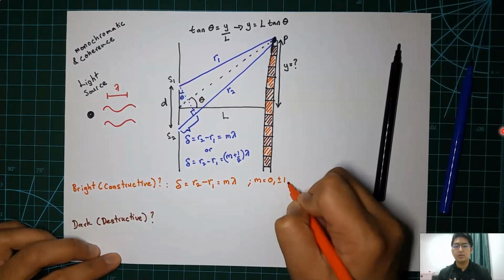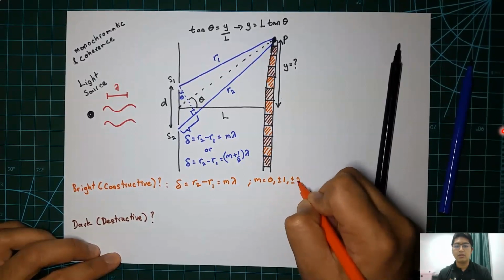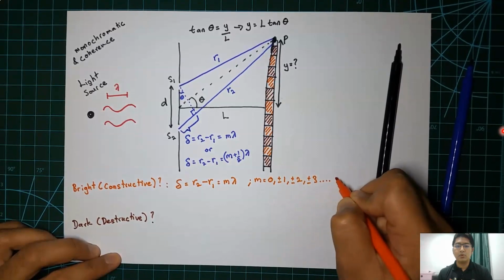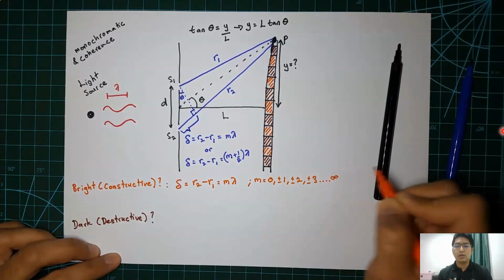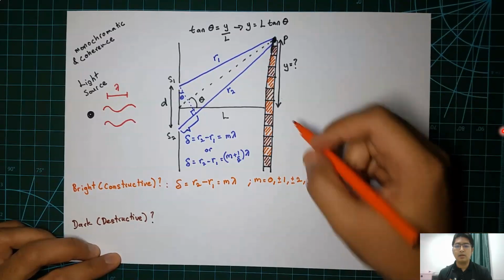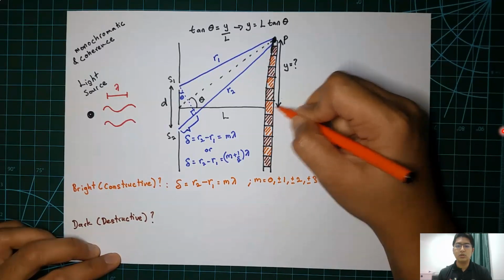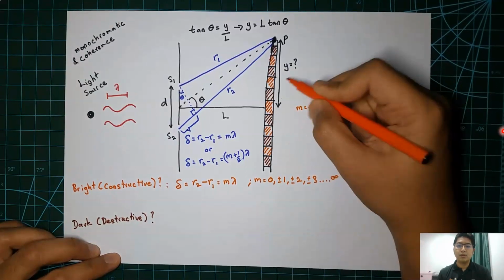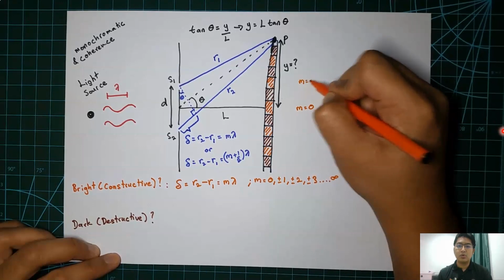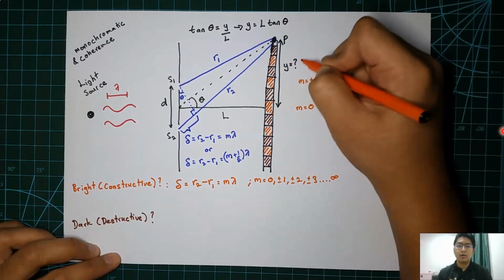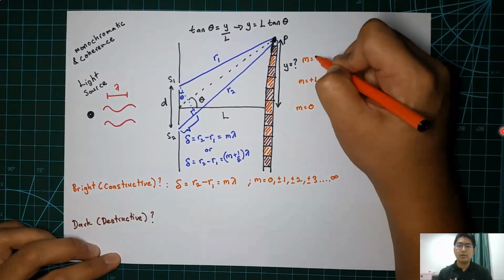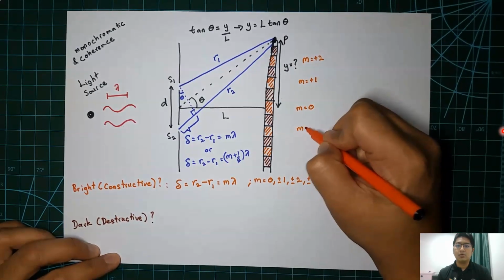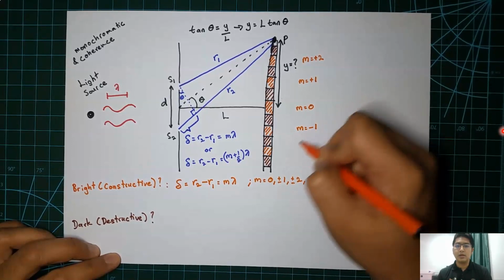The condition is that m must equal 0 for the first fringe, plus or minus 1 for the second fringe, plus or minus 2 for the third fringe, and plus or minus 3 for the fourth fringe. That's where m is located for the central bright fringe, first fringe, second fringe, and so on.